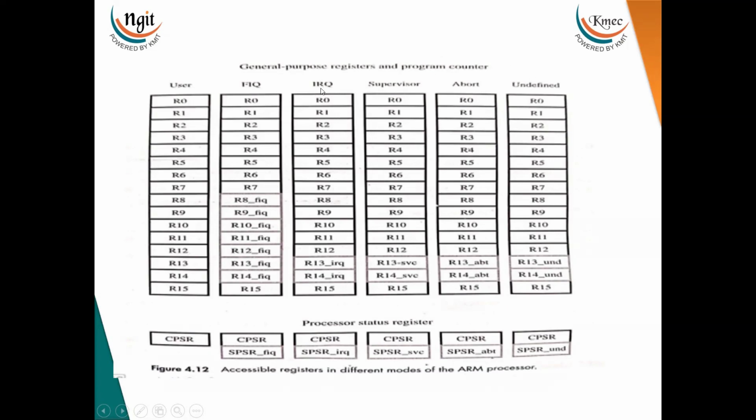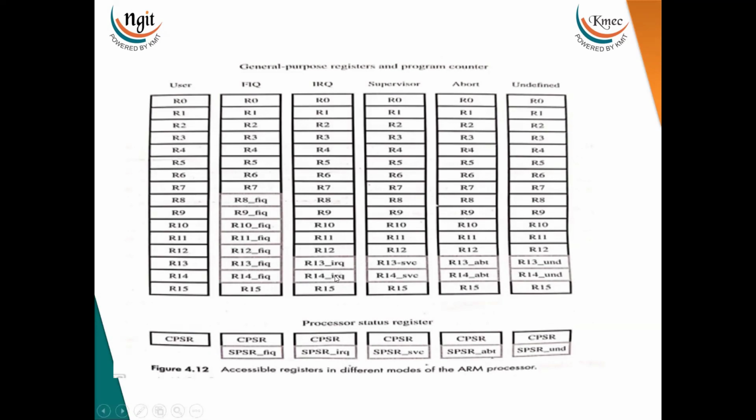But coming to the last 4 modes, R8 to R12 are similar to the user mode. Similar to the user mode means registers 0 to 12 are similar. But coming to 13 and 14, where the specific mode is mentioned, those are called the banked registers, and those banked registers are used specifically for that mode only.